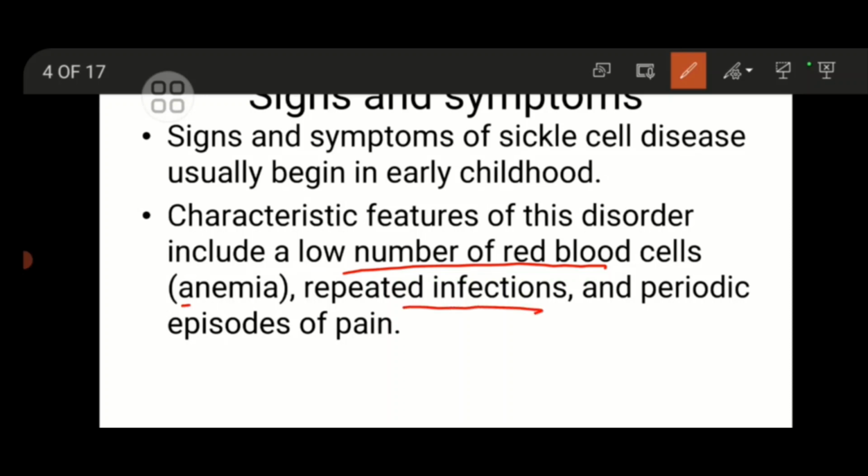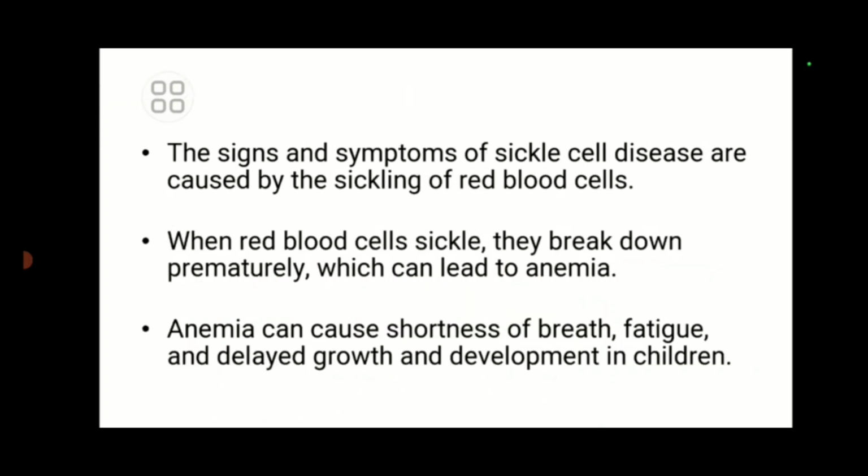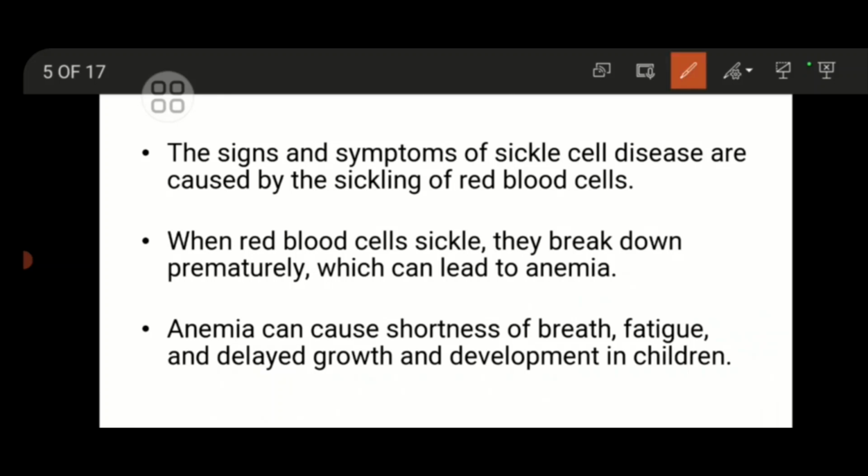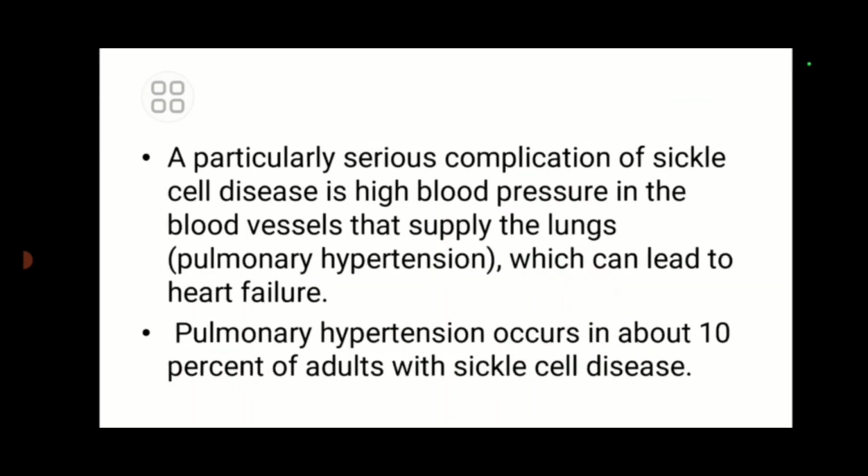With a low number of RBC, there will be anemia and periodic episodes of pain. The signs and symptoms of sickle cell disease are caused by the sickling of the RBCs. When RBCs start to sickle, they break down prematurely, which leads to anemia, and this causes shortness of breath, fatigue, and delayed growth.